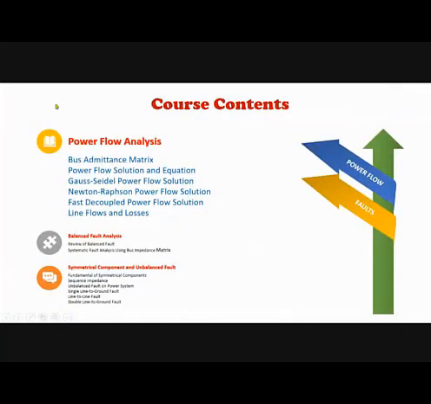So this is the course content. The first chapter will cover the introduction of the power system. When I look at the slides, most of the material has been covered in the previous electrical power system subject. For example, from generation, how power is generated using hydro, steam turbine, solar, and so on, and then how power is transmitted.